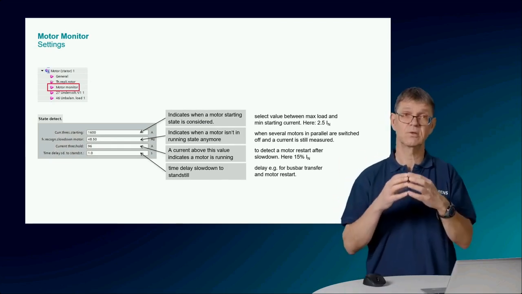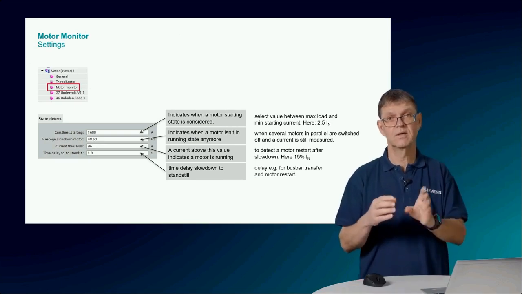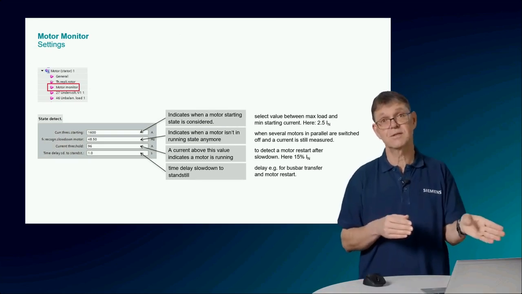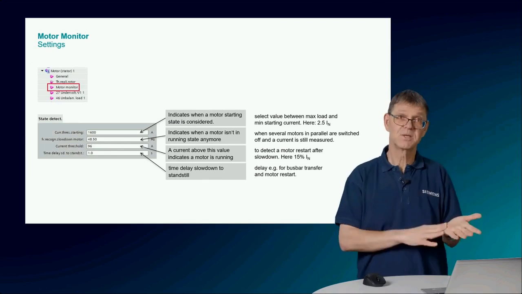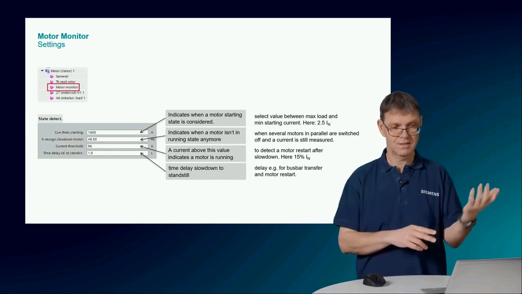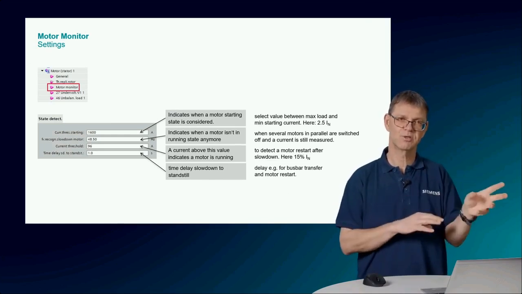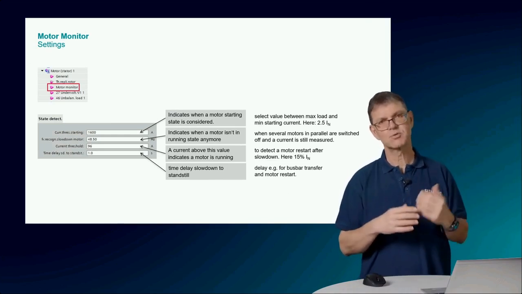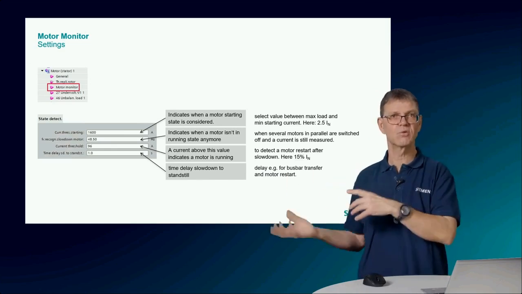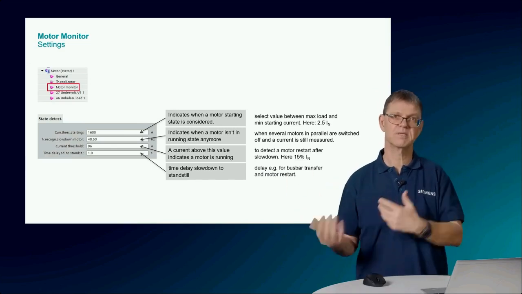If I do not stay long enough in this slowdown state and I go to the standstill state, then the restart inhibit function will become active, and this will then trip the circuit breaker. So this needs to be avoided. Therefore, this time should be longer than the switch over procedure of the bus bars.